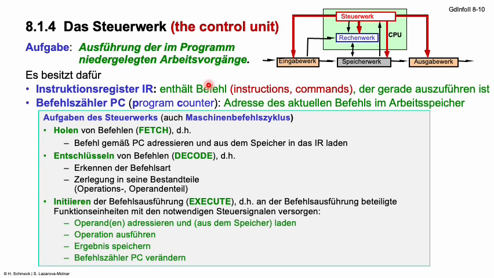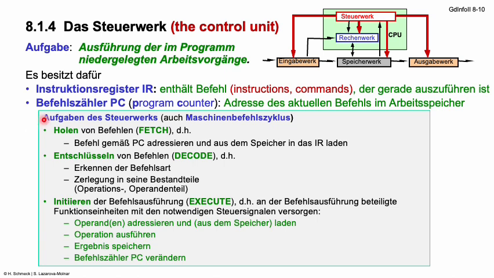For this reason, it also contains two additional components: the instruction register, which contains the instructions or commands that are currently being executed, and a program counter that contains the address of the current command or instruction in the memory.